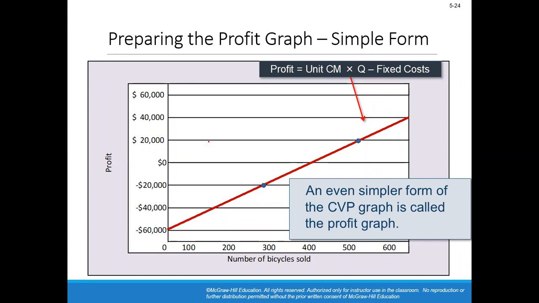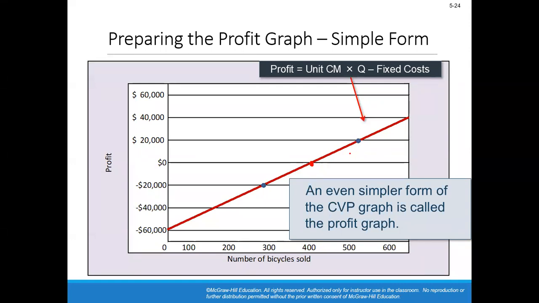You see that when we have 600 units of sales, our profit is 40,000. And when our sales is equal to 400 units, our profit is 0.